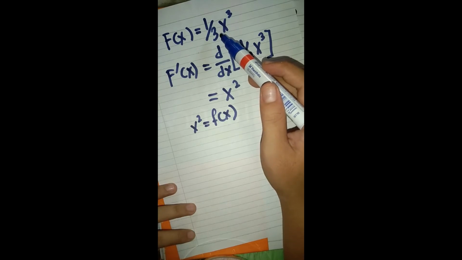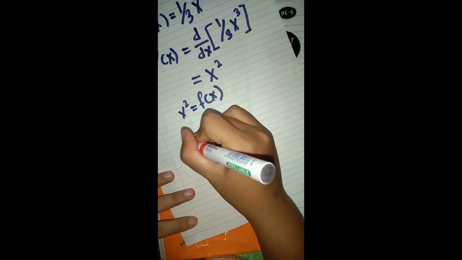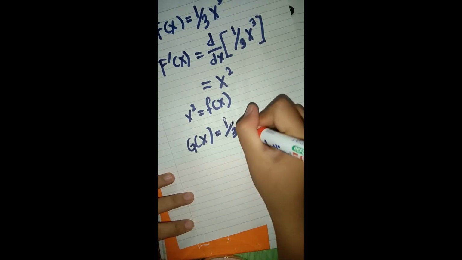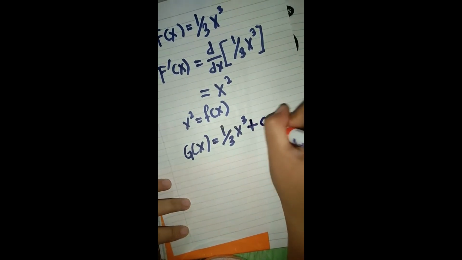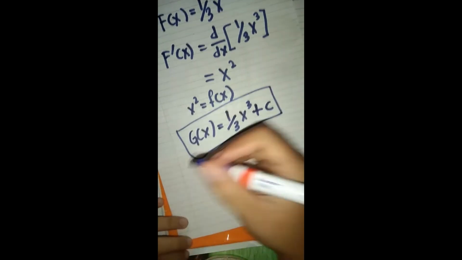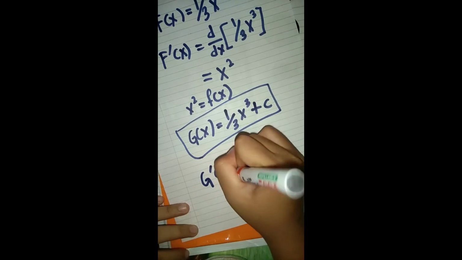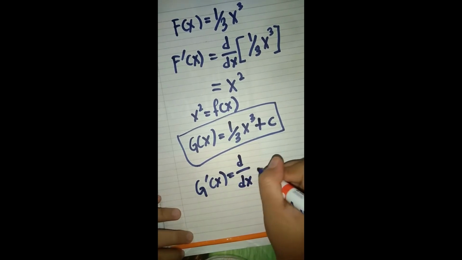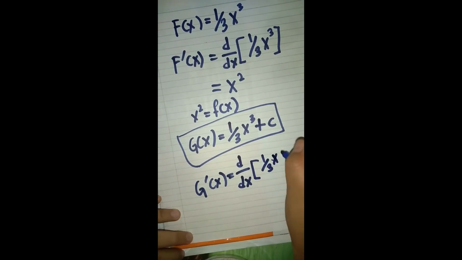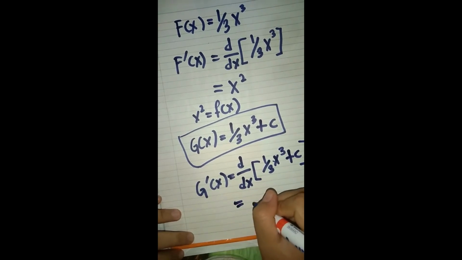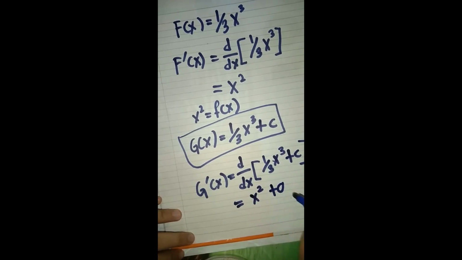If we add any constant c to 1 over 3 x cubed, then the function G(x) equals 1 over 3 x cubed plus c is also an antiderivative of f, since G prime of x equals d/dx of 1 over 3 x cubed plus c, and then we get x squared plus 0.